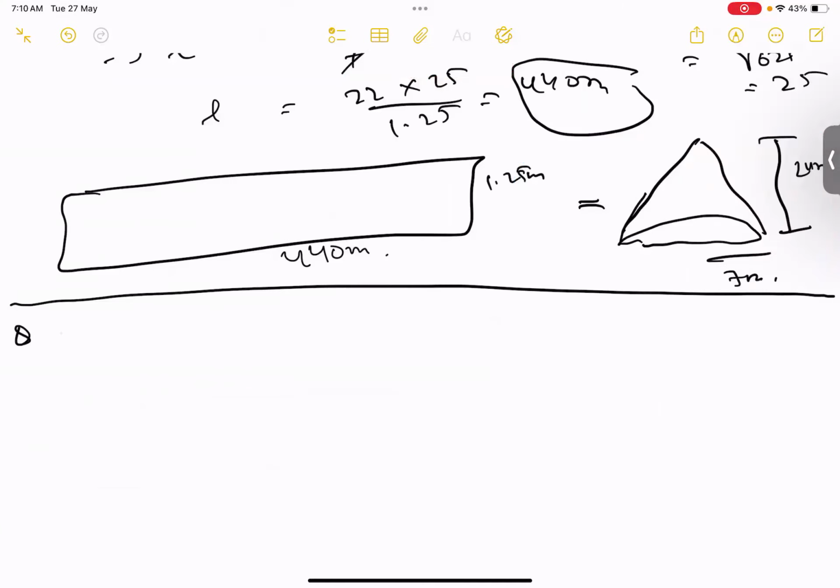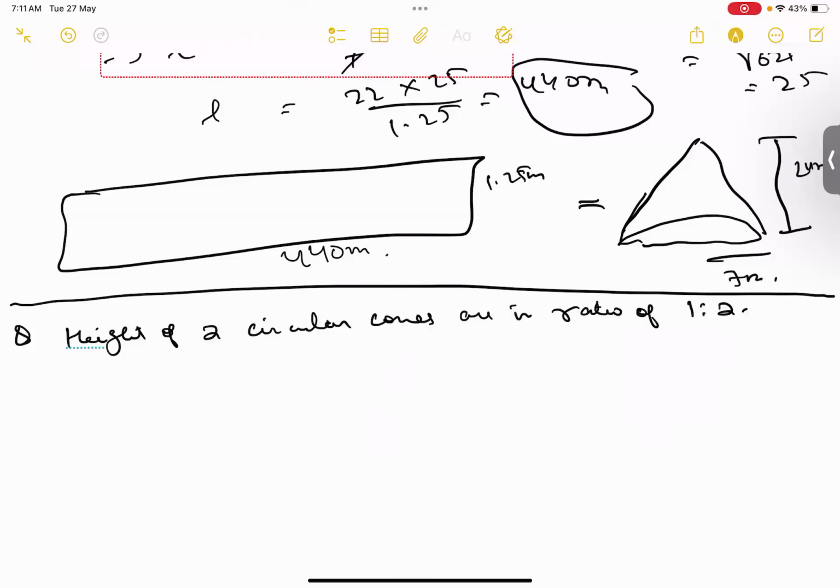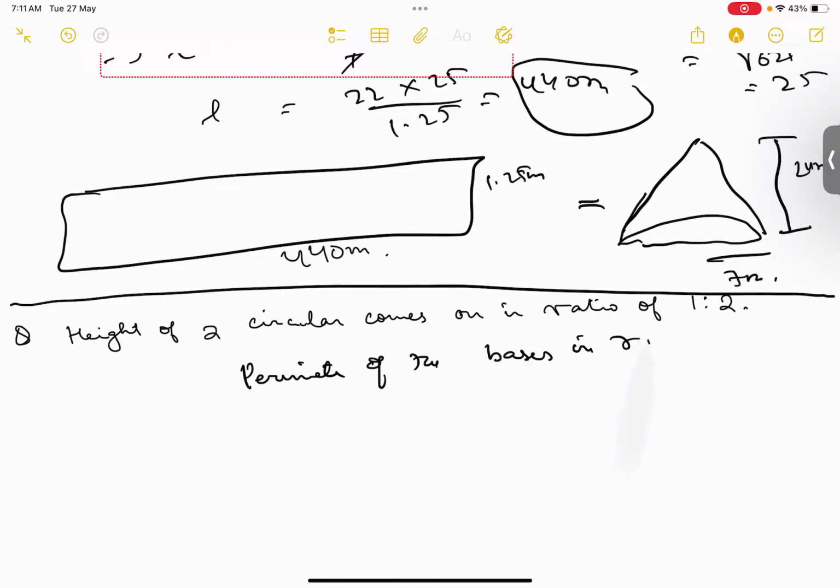So we have here: heights of two circular cones are in the ratio of 1:2, and perimeter of the bases are in the ratio of 3:4. Find the ratio of the volume.